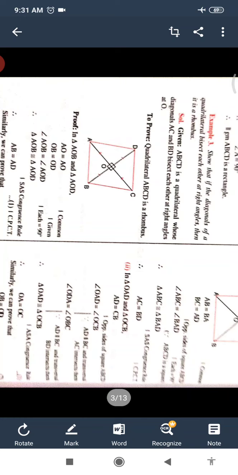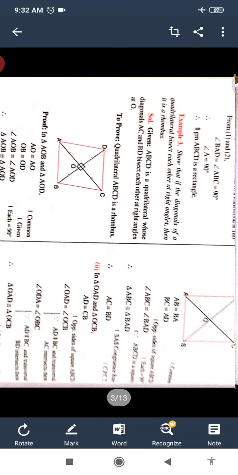And angle ODA equal to angle OBC. These two angles are also equal. Therefore, triangle OAD is congruent to triangle OCB by ASA, angle side angle.